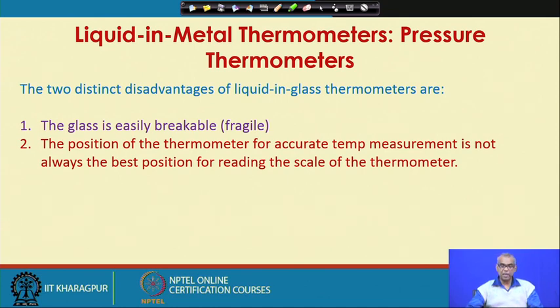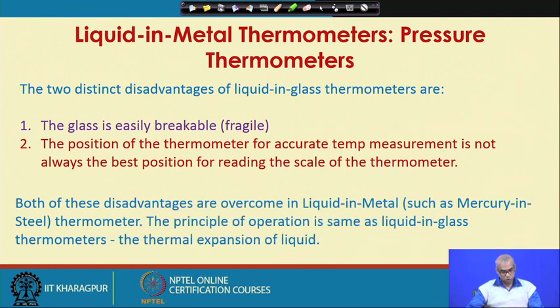The glass is easily breakable, and the position of the thermometer for accurate temperature measurement is not always the best position for reading the scale of the thermometer. We have seen how to read the scale to avoid parallax error in the previous lecture. Both of these disadvantages are overcome in liquid in metal thermometer, such as mercury in steel thermometer. The principle of operation is the same as liquid in glass thermometers, the thermal expansion of liquid.